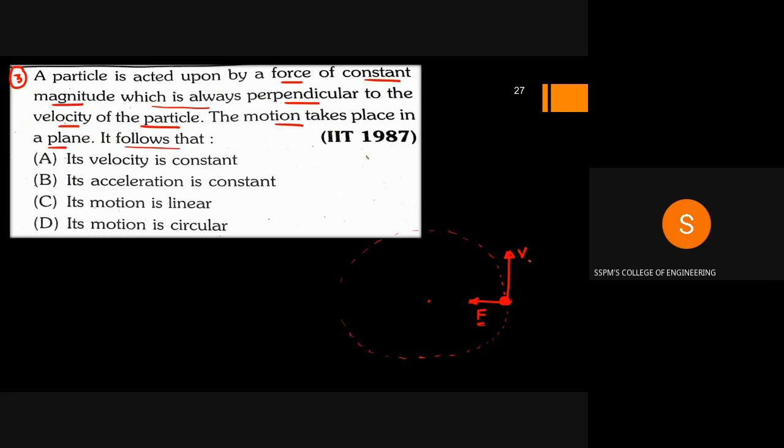As we cannot say about velocity, we cannot say about the acceleration. Its motion is linear? Motion cannot be linear if the force is perpendicular to the velocity. So the only possible option is that its motion is circular. When force is perpendicular to the velocity, the particle will perform circular motion. So the correct option is option D.